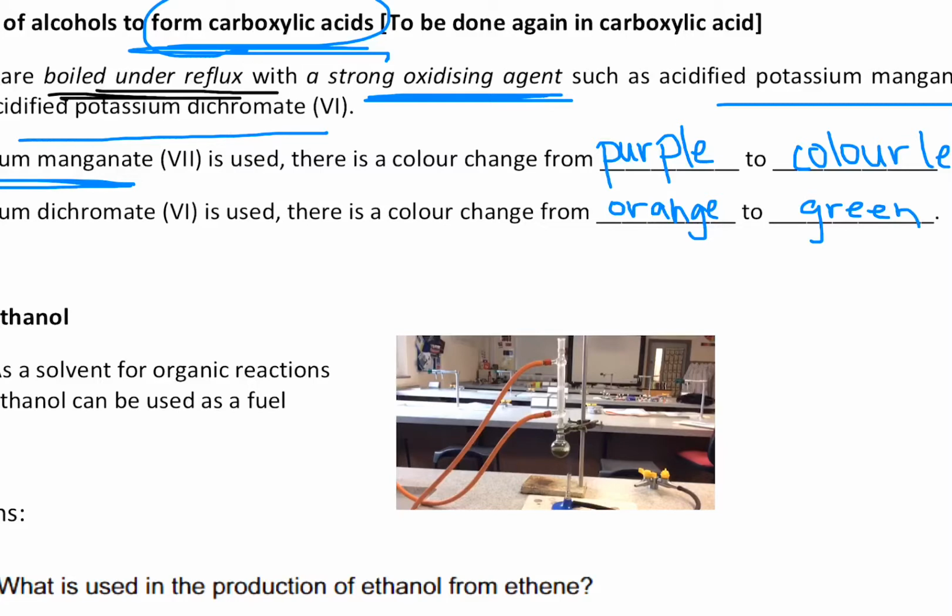As soon as the alcohol evaporates, it forms droplets and condenses back in the round bottom flask, so that the reaction with the acidified potassium dichromate takes place. So this is a condenser setup. It's called heating under reflux, and it allows very volatile substances to react completely. Else they would not react, they would evaporate as soon as they start to be heated.